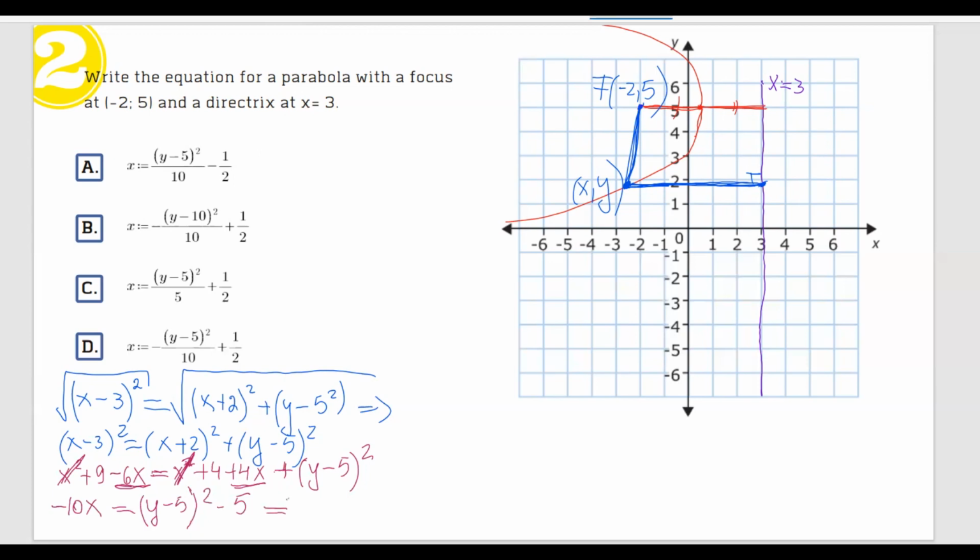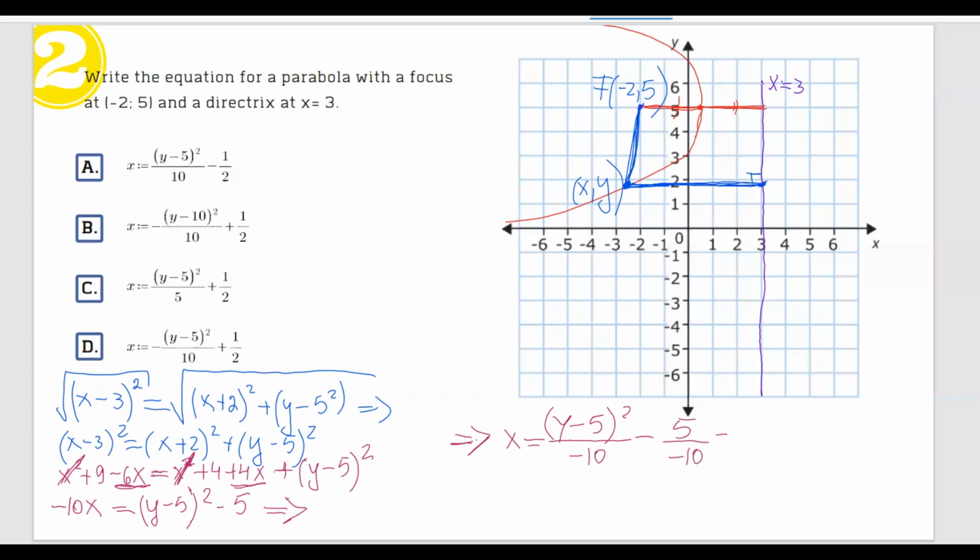And moving forward, we're going to get x equals (y minus 5) squared over minus 10, plus minus 5 divided by minus 10.